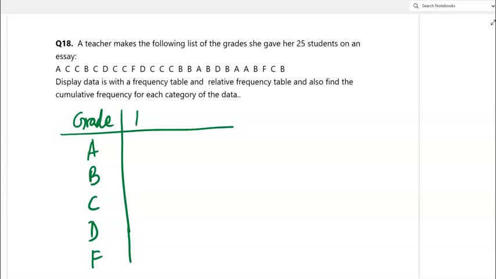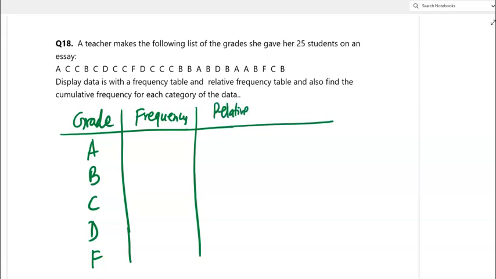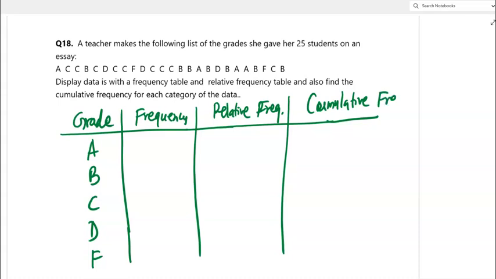The second column should be for frequency, the third column for relative frequency, which I just write as freq, and the last column for cumulative frequency. Okay, that's what you have to find.